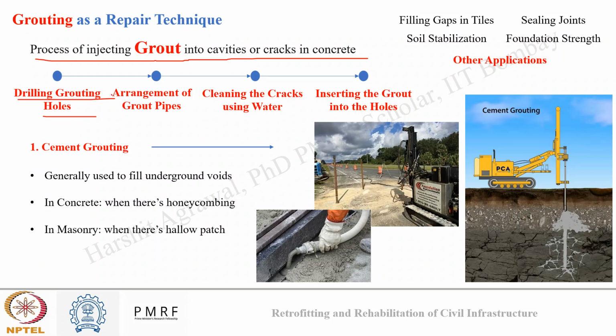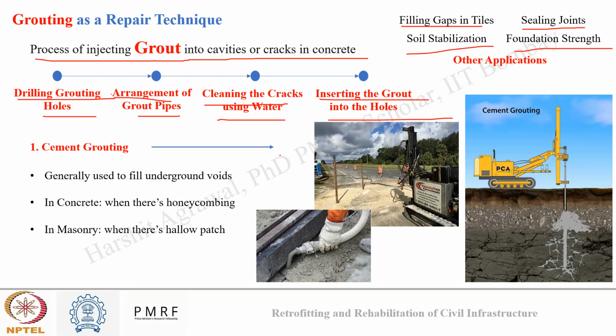Then we arrange grouting pipes. Once you have arranged grouting pipes, we clean the cracks using water, and then we insert the grout material through the holes. Grouting can be used in repair of cracks in concrete, and also in other applications like filling gaps in tiles, sealing joints, soil stabilization, and foundation strengthening.